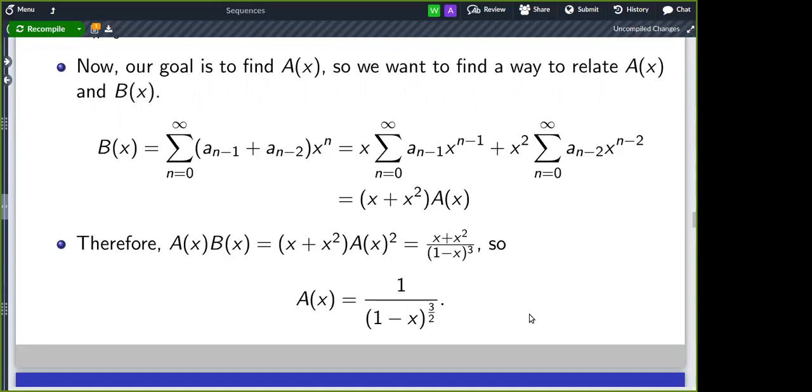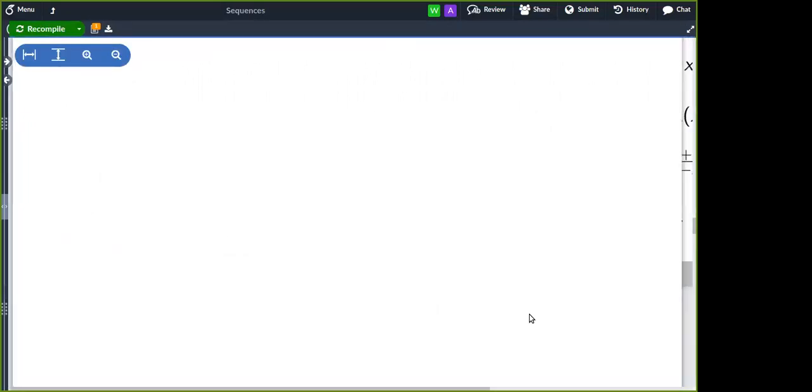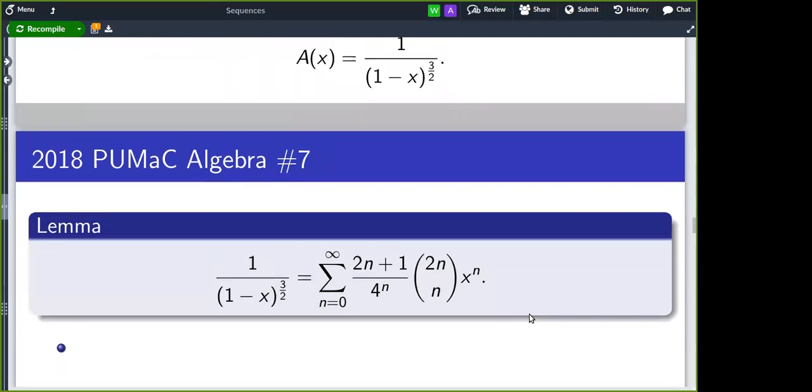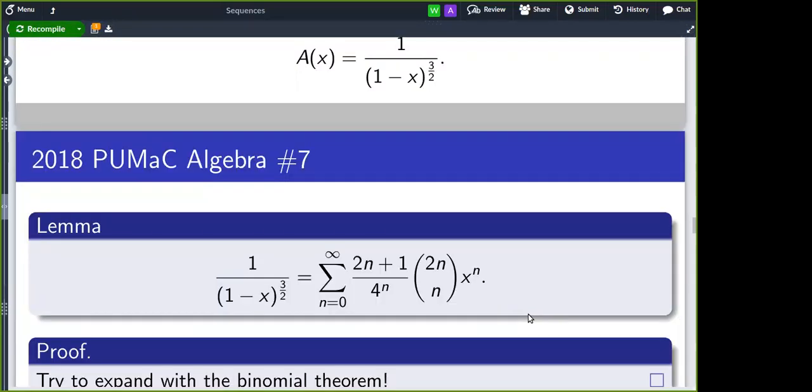And so we have the following lemma. And it's probably not clear to you why this is true, but it's a little bit complicated, but you can try expanding this with the binomial theorem.